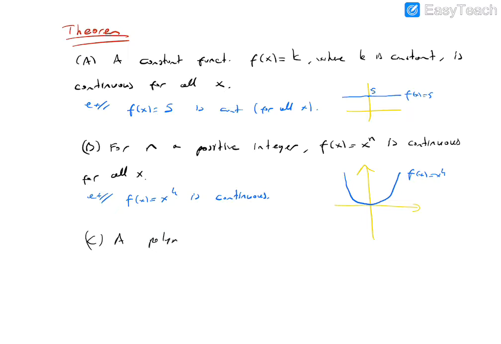So a polynomial function is continuous for all x. For example, f of x equals x to the power 4 plus 4x cubed minus 2x plus 1, etc. So this is a continuous function.